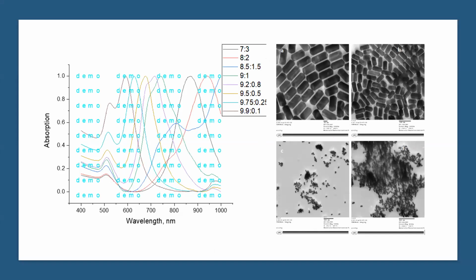In this picture, all of the trial solutions yield rods with both clearly shown transverse and longitudinal peaks. However, there are two longitudinal peaks for the ratio of CTAB, 9 milliliter of CTAB and 1 milliliter of the seedless nanorods, and 9.2 CTAB with 0.8 seedless gold nanorods instead of 1.